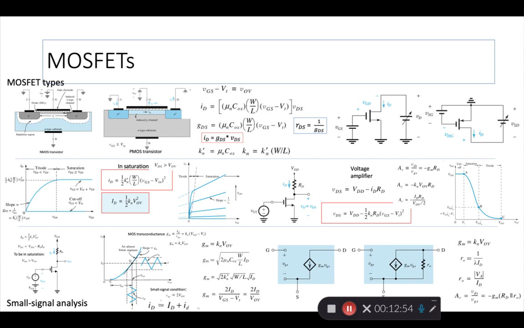But generally we assume that the drain current is constant, and these two formulas are very important, right? In fact, this one, ID equals half Kn VOV squared, is an important relationship, because if you are given, this actually is similar to the relationship we saw for BJTs and diodes, right?